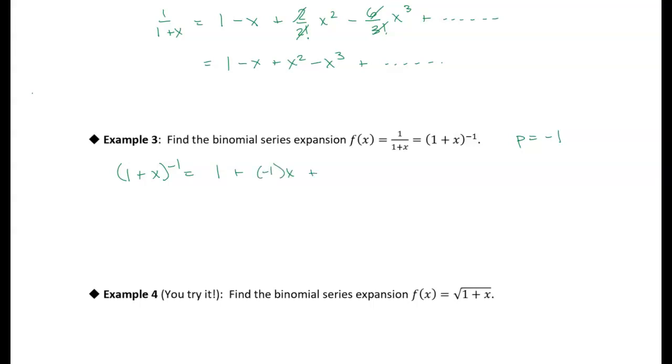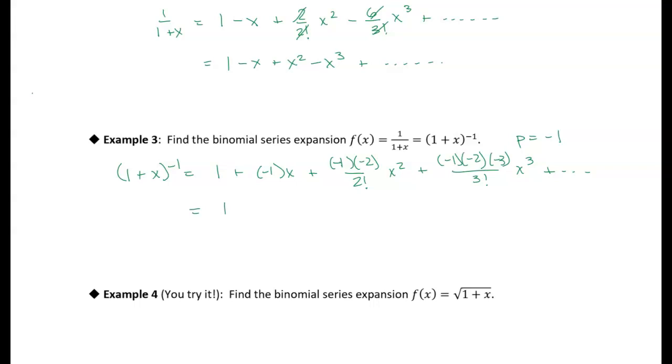And then plus p times p minus 1 all over 2 factorial x squared, and then plus p and p minus 1 and p minus 2 all over 3 factorial x cubed, and so on. And then of course we can clean that up a little bit, and you'll see it's just the same thing as we got before.